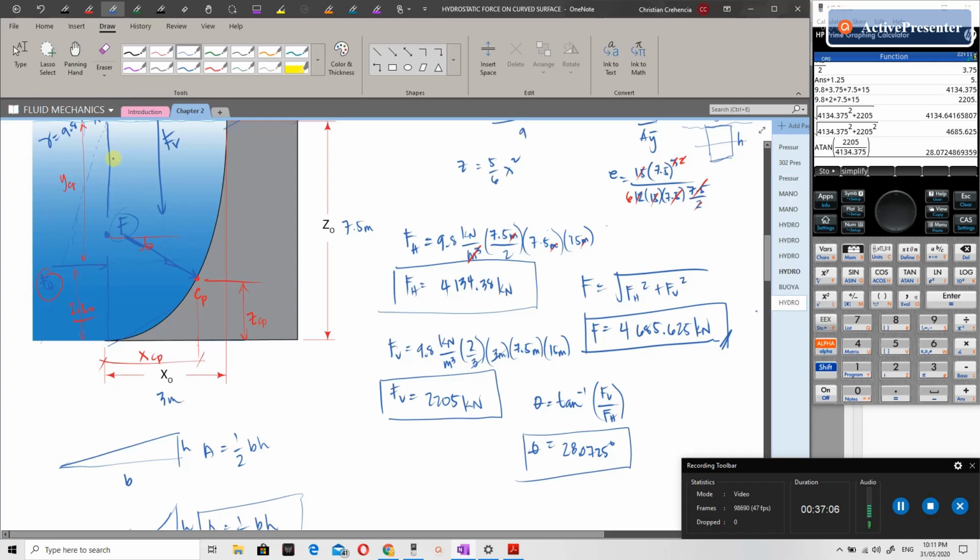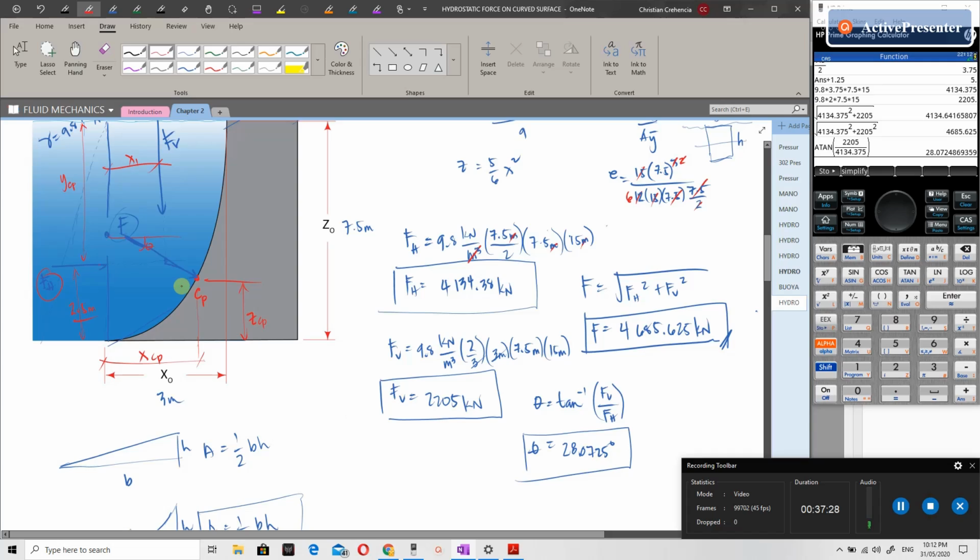So, kailangan natin ma-locate muna yung... Okay. So, we need to determine this distance. Okay. And, so, ito alam na natin na 2.5. Then, this is distance, let's say distance x. X sub 1 na lang.